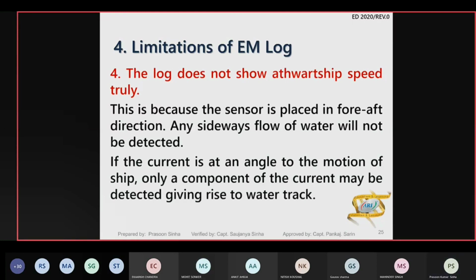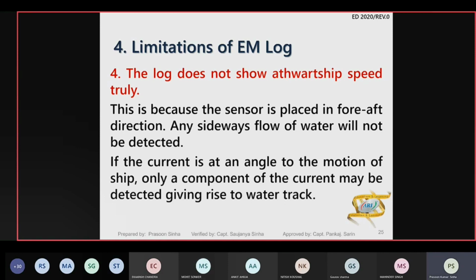Fourth point. The speed through water is also referred to as water track. एक होती है bottom track, एक होता है water track.